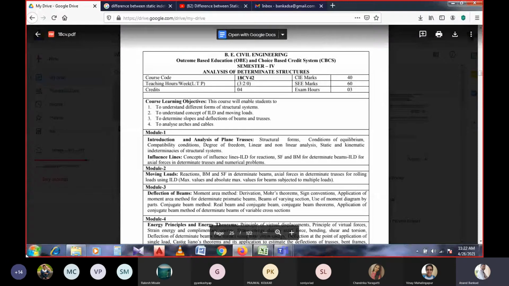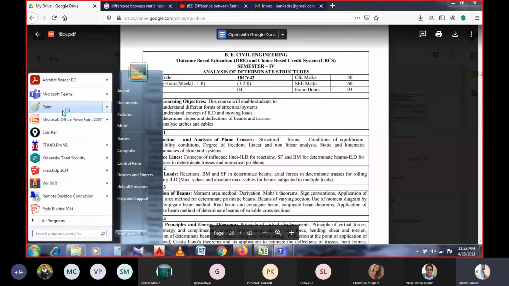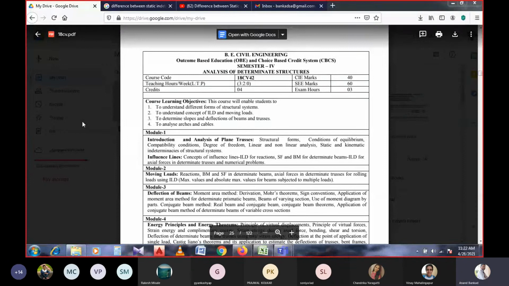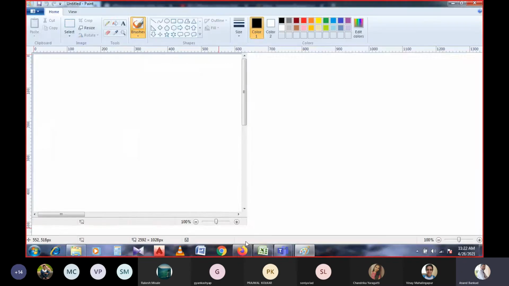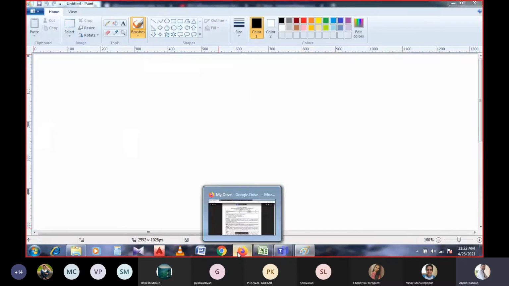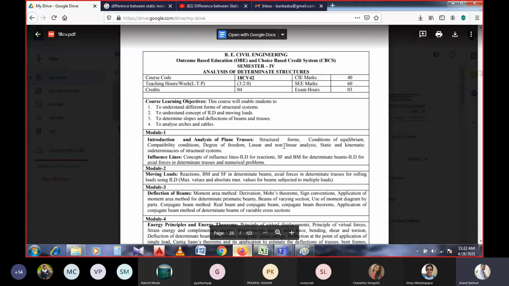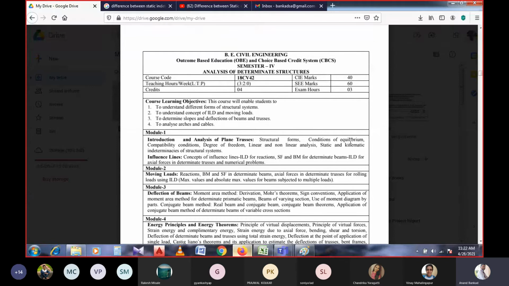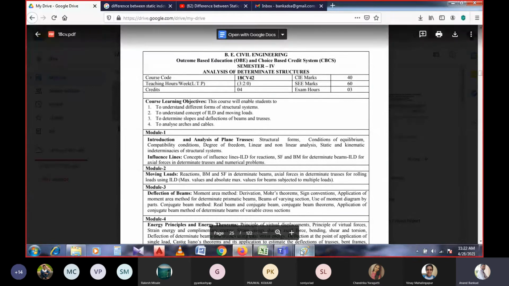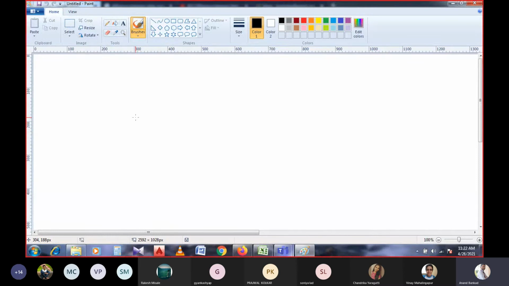So here we will discuss the degrees of freedom by referring to each of the supports. However, we know the different types of structural forms and the conditions of equilibrium. The conditions of equilibrium are the summation of moments, that is, the sum of all reactions and forces must be equal to 0 in a particular system.